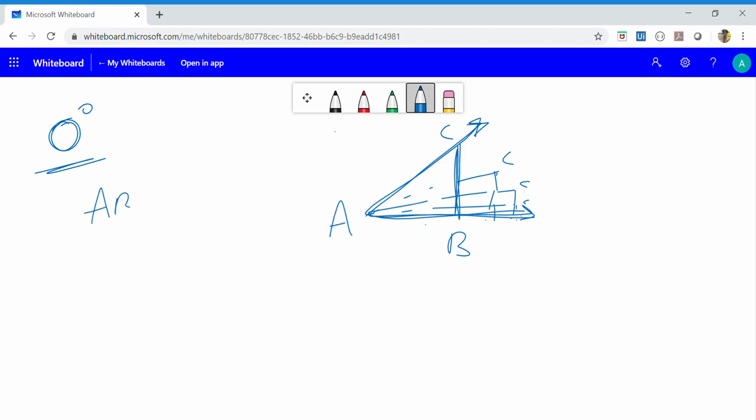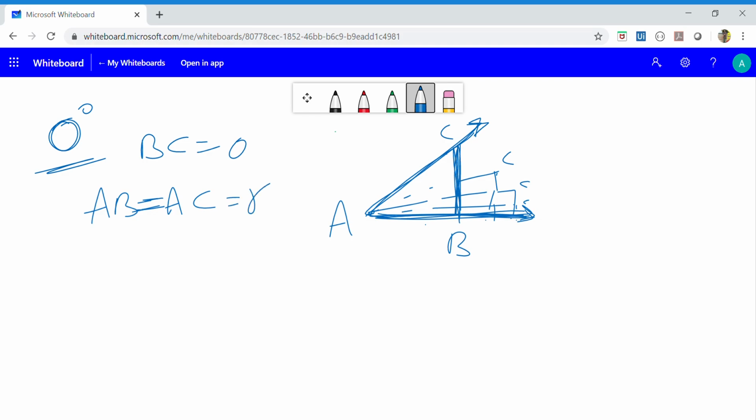AB is equal to AC. The terminal ray coincides with the initial ray. Then the perpendicular height becomes 0, so BC becomes 0. Both coincide.